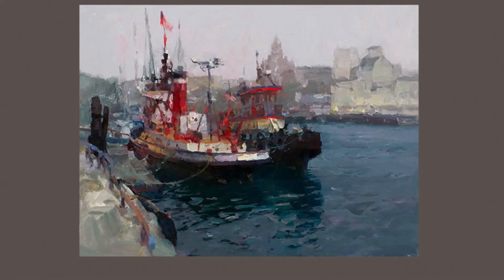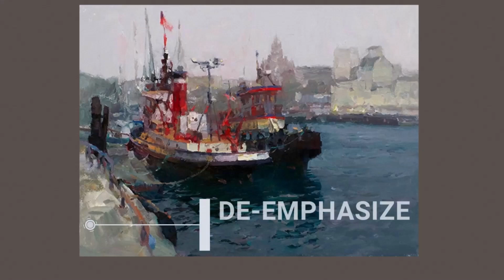One of the major techniques artists use that he's used here is de-emphasize. That means that no matter what appears in the reference, whether it's a photo or whether it's plein air, whatever appears in that reference, we reinterpret with de-emphasis.